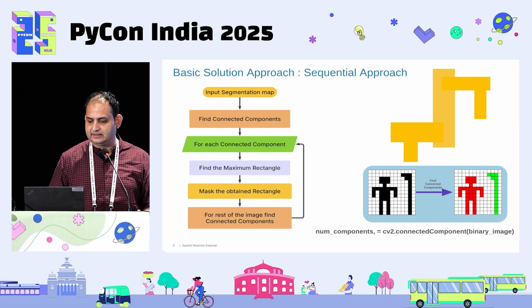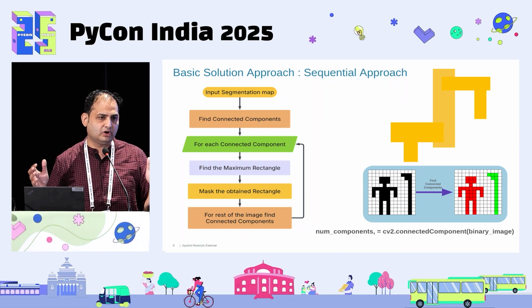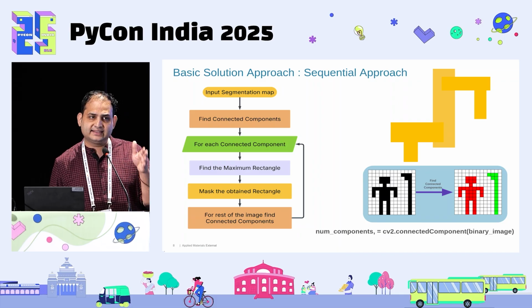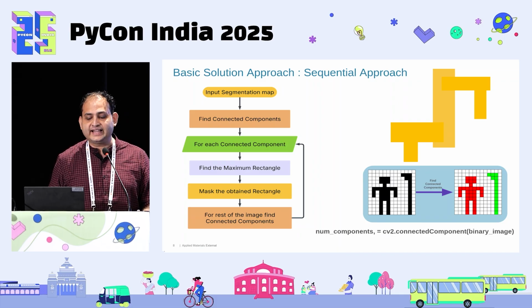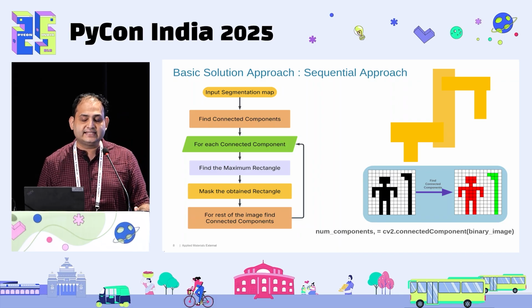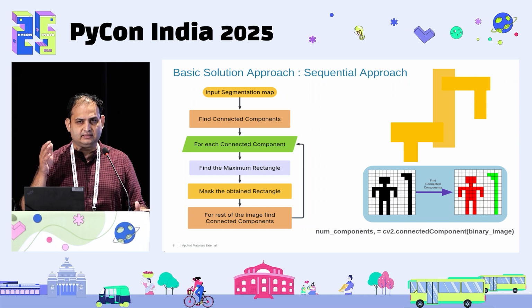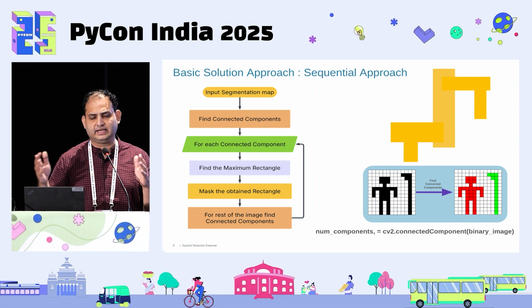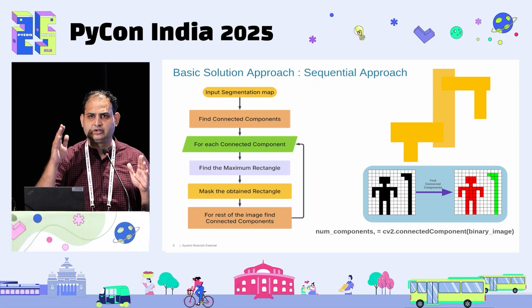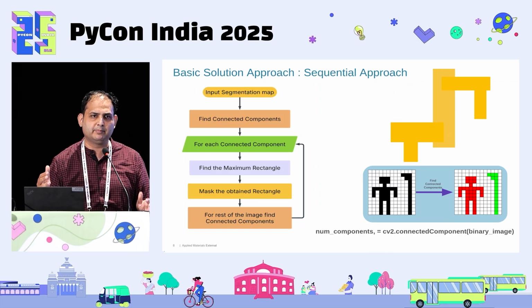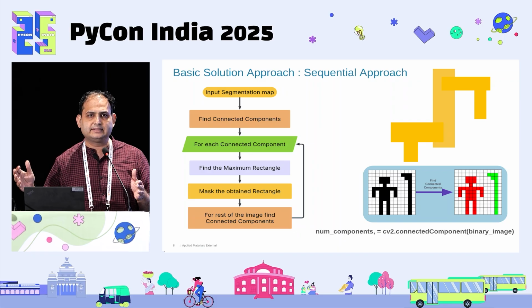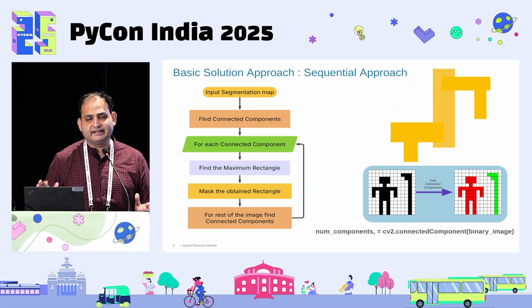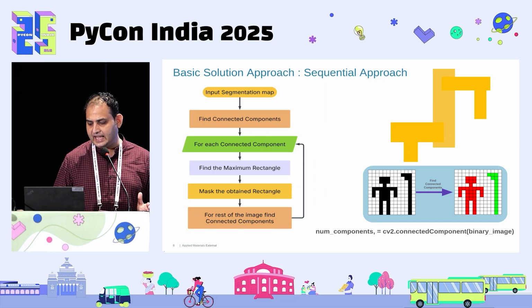Let's say this is one connected component which I got after processing my image in the first step. For this connected component, I find the maximum rectangle. This find-maximum-rectangle step is the actual algorithm, which is very computationally heavy, with a lot of image processing and NumPy array manipulation. It has been written from scratch in this example.